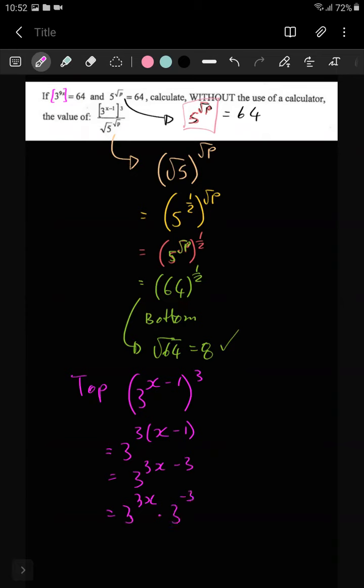And then from there, I think this is where things start to get a bit tricky, because the issue now is here we have 3 to the power of 9x, but then here we're only ending up with 3 to the power of 3x, and we have 3 to the power of negative 3.